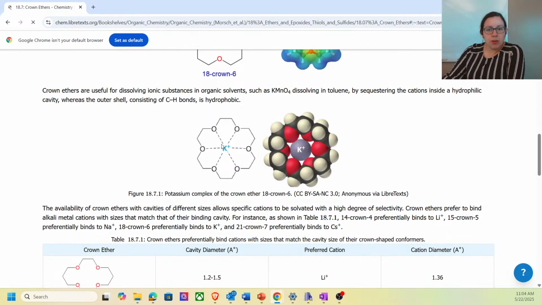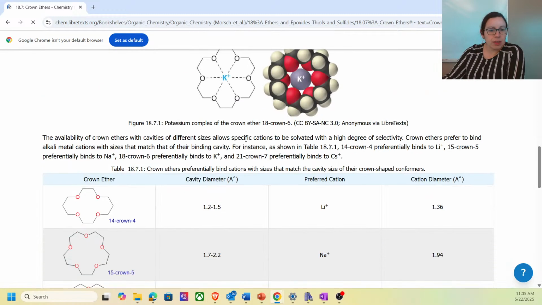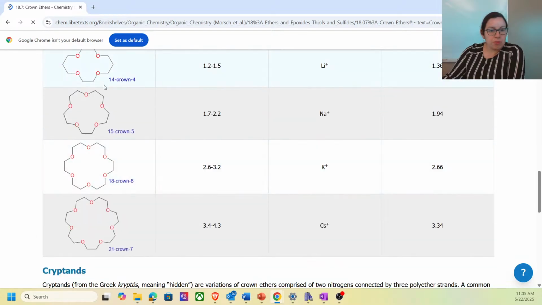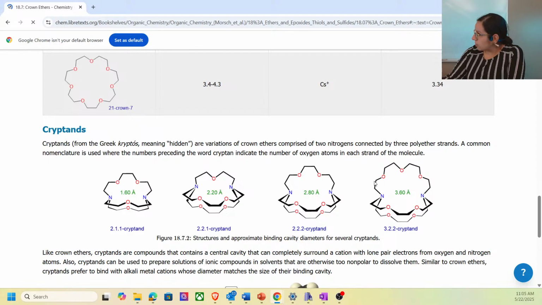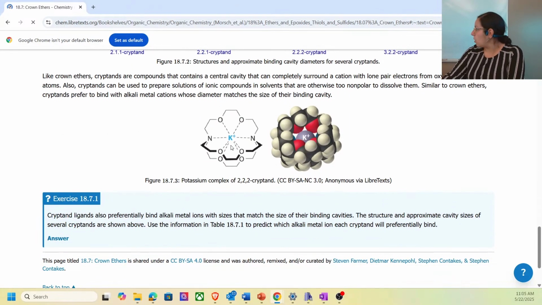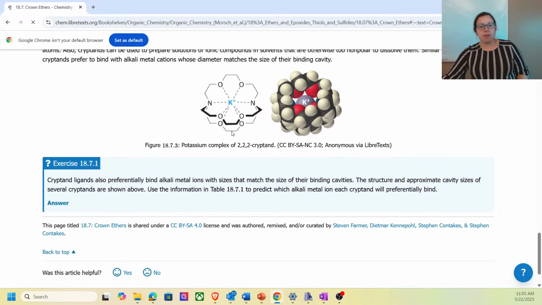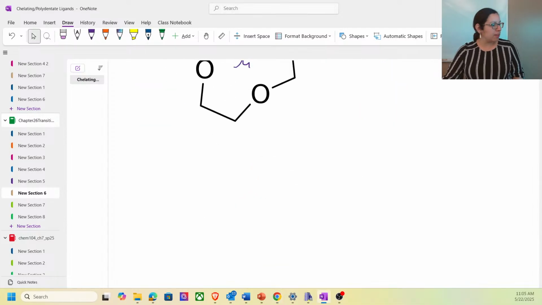Sometimes crown ethers are used to bind ions like we're seeing here. There are many other crown ethers that can be used to capture and stabilize things. And then people also try to throw metals on there or make ligands based off of these crown ethers. So lots of options for ligands.